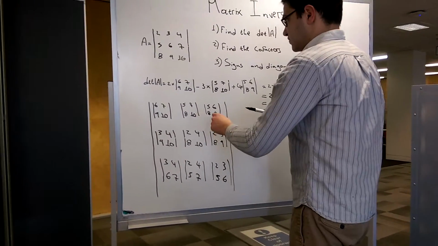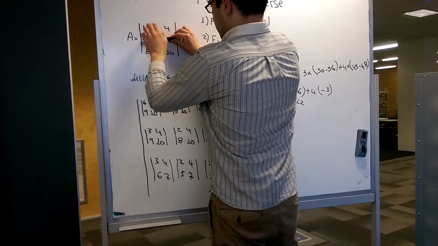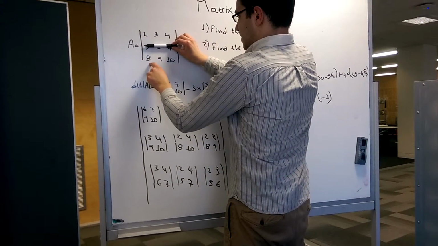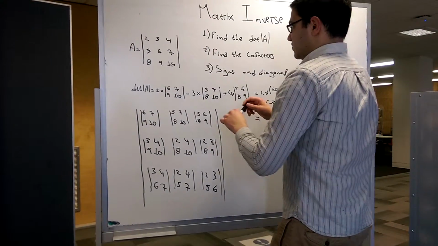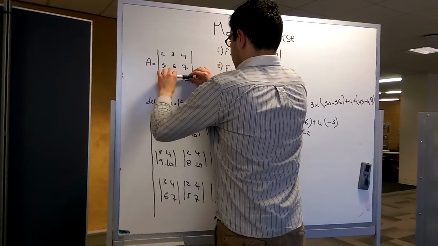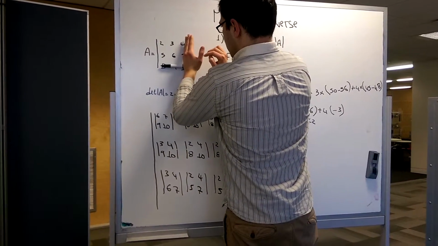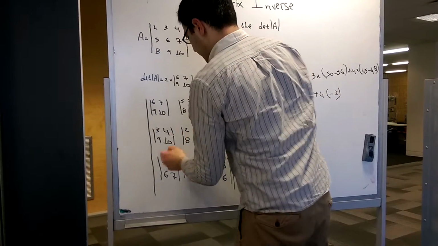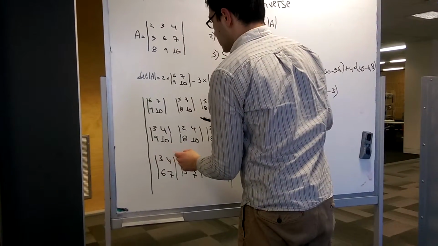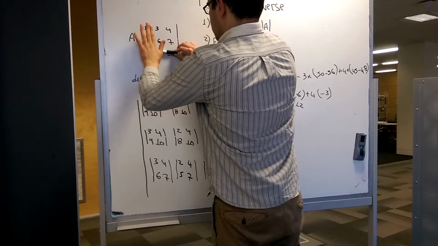And then for the third one, we hide the second row with the third column, and we get the 2, 3, 8, 9. We do the same thing for the third row. No, sorry, third row, first column.